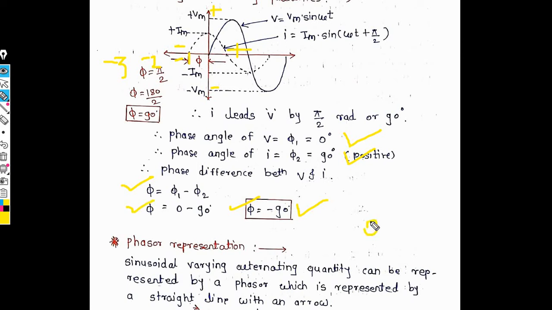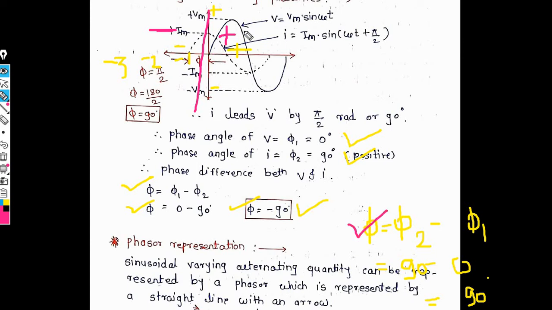Then phi is equal to phi 2 minus phi 1. Phi 2 is 90 here and phi 1 is 0, so the angle is 90. On the x-axis, the left-hand side we take the minus sign, but the right-hand side we take the positive sign.